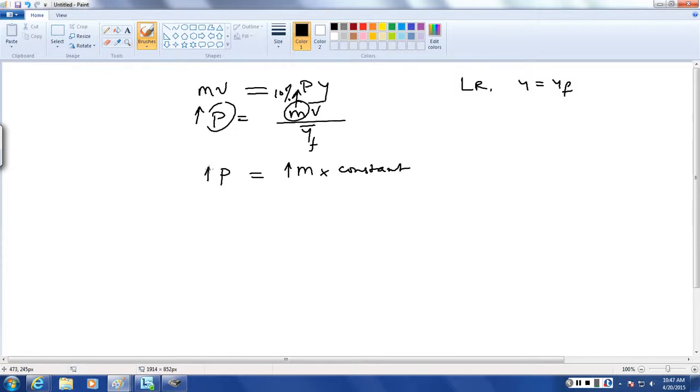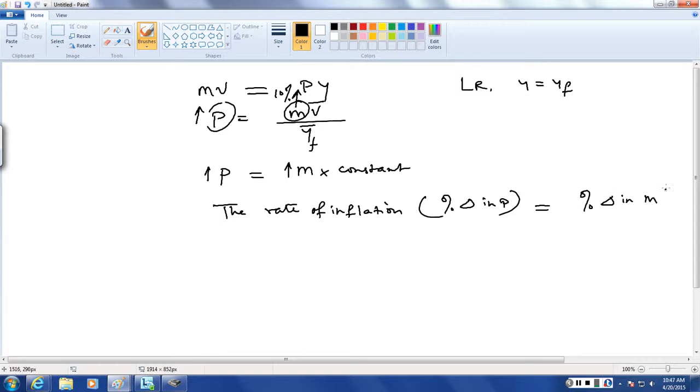Right? So what this is roughly telling us is that the rate of inflation, and what is the rate of inflation? The rate of inflation, of course, would be the percent change in the price level. That's how we define the rate of inflation. So the rate of inflation, according to the equation of exchange, shall equal the percentage change in the money supply.